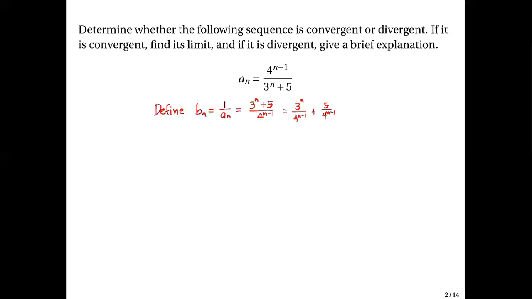So what we're going to do is to find the limit of this Bn. And once we know the limit of Bn as n approaches infinity, we will be able to find the limit of 1 over an, and therefore we will get the limit of a sub n.